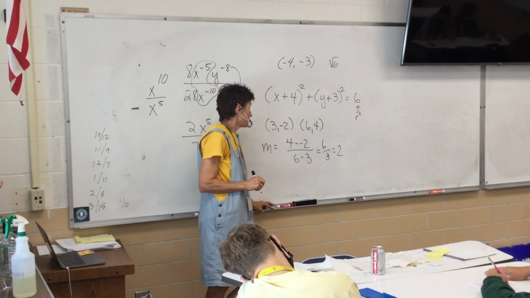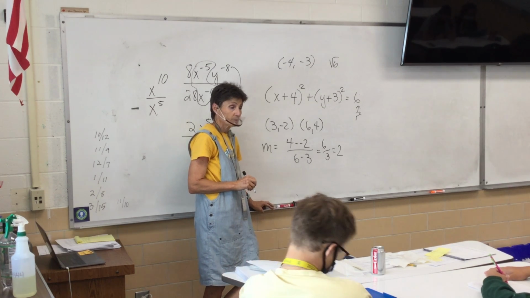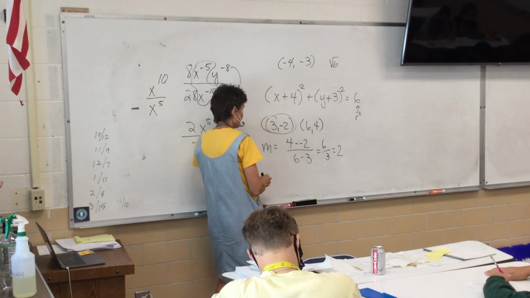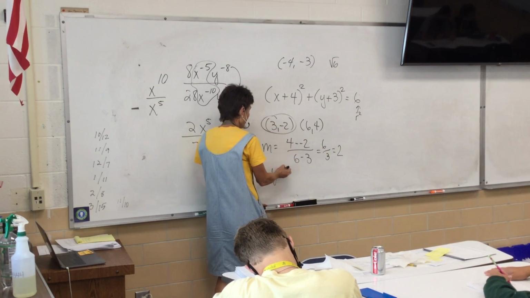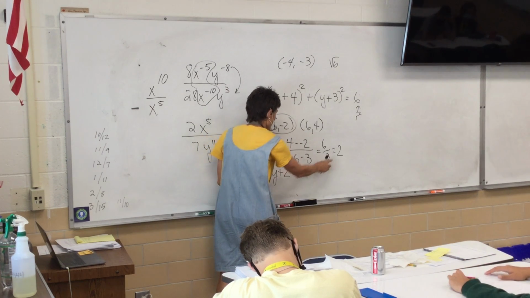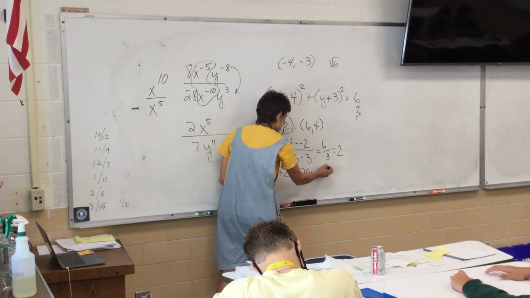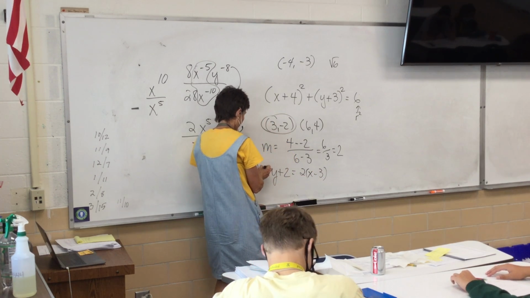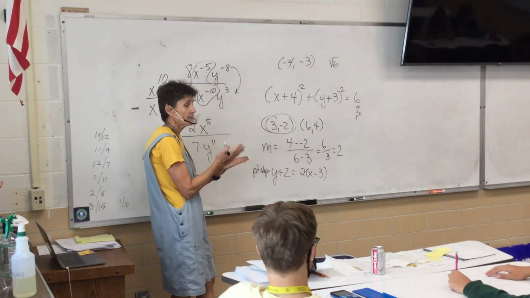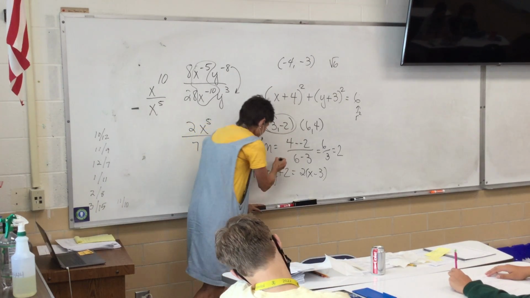Put it in point slope. Pick a point. I'll just use the first one, it makes no difference. Use whichever one you want. So y plus 2 equals 2 times x minus 3. And if it says answer in point slope, this is it.